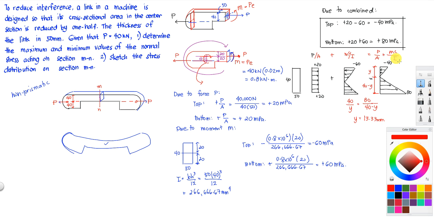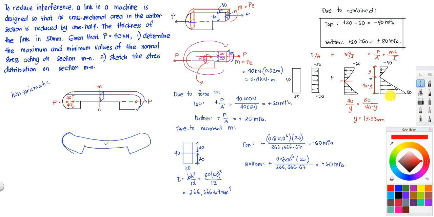So, in final state, yung top natin ay nakaka-experience ng compression ng 40 megapascal at yung bottom natin nakaka-experience naman ng 80 megapascal in tension. However, hindi na kalahati. Sa una, kalahati nakaka-experience ng tension, kalahati nakaka-experience ng compression. But sa final state niya, mas marami yung nakaka-experience ng tension kumpara doon sa compression.